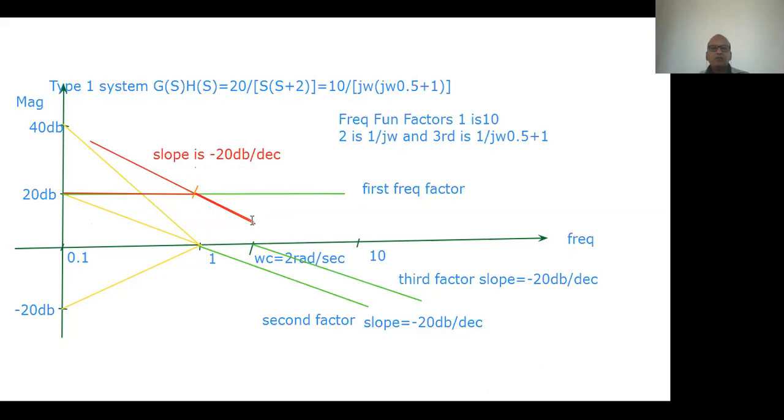Then at this corner frequency, this is a minus 20, minus 20, minus 20, minus 40. Draw a line from this corner frequency which is parallel to this minus 40. This is the line.